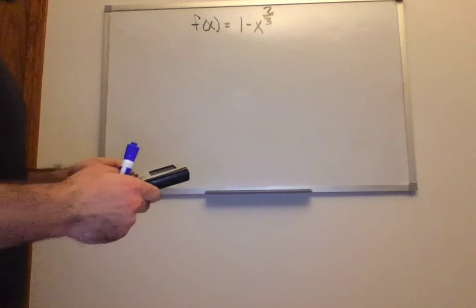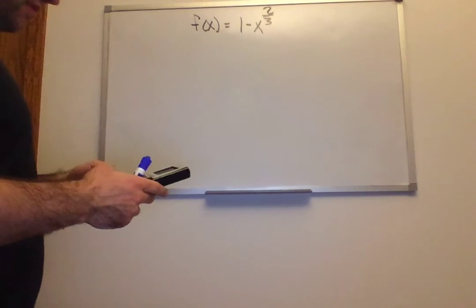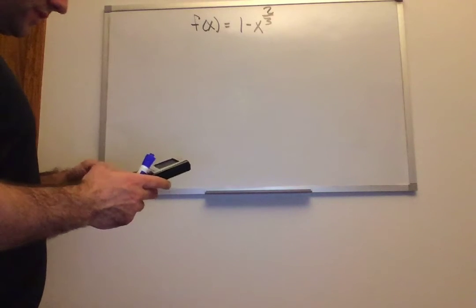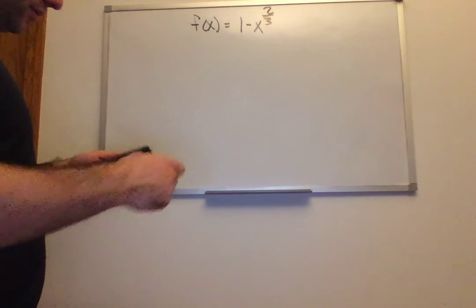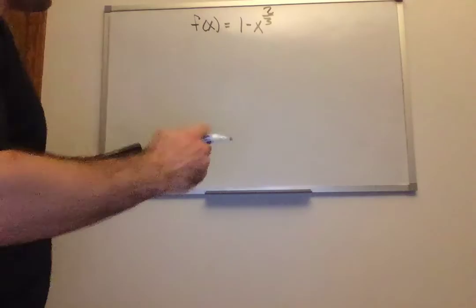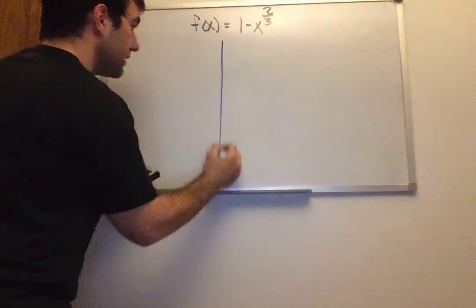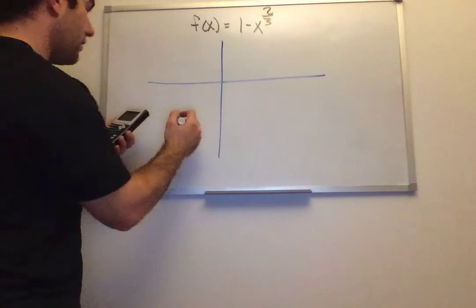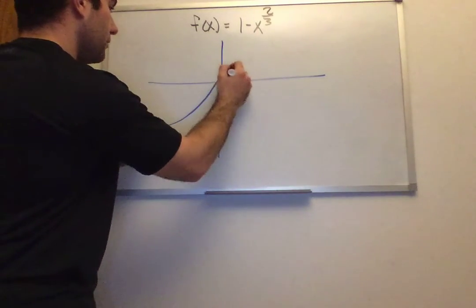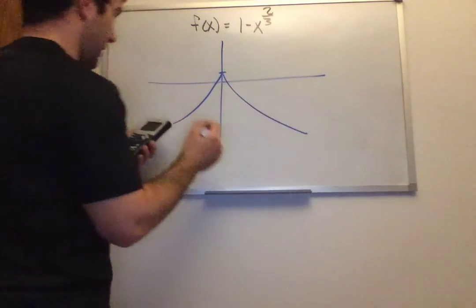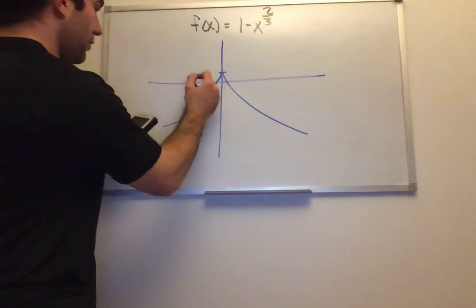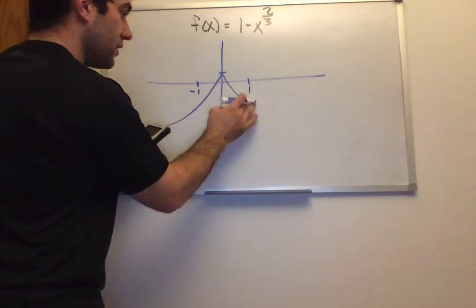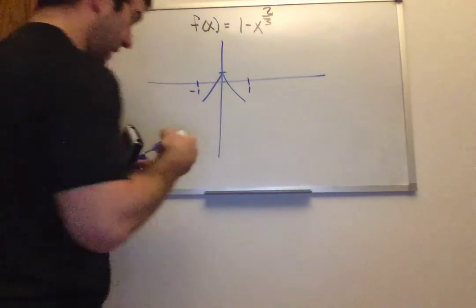Let me show you the graph of this thing. 1 minus x to the 2 divided by 3. You could also plug this in on your calculator and get a better view of it. It goes something like that. And if you were to restrict yourself from -1 to 1, it's going to look something like that.